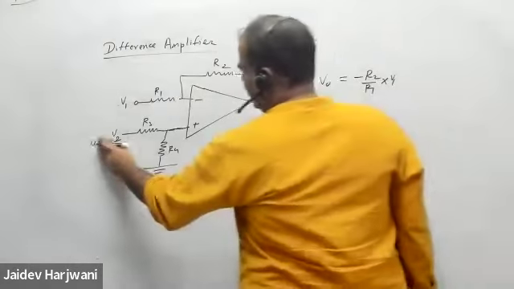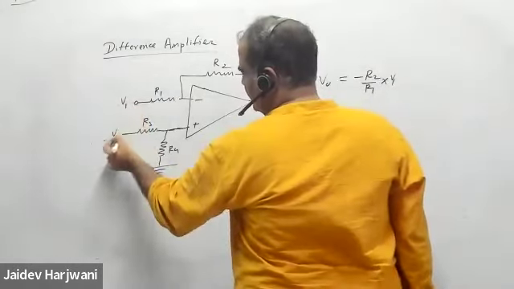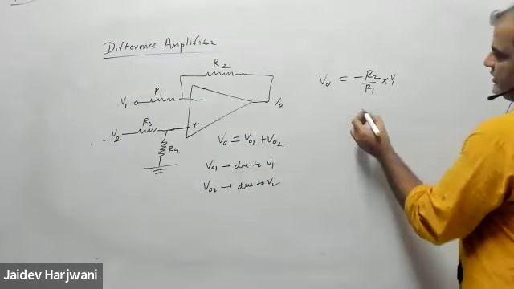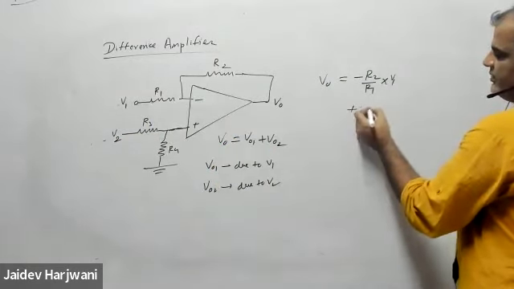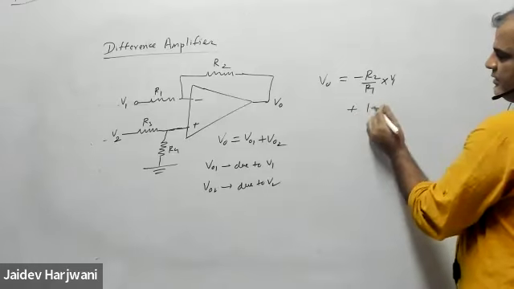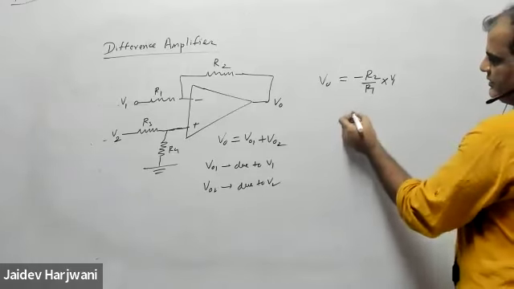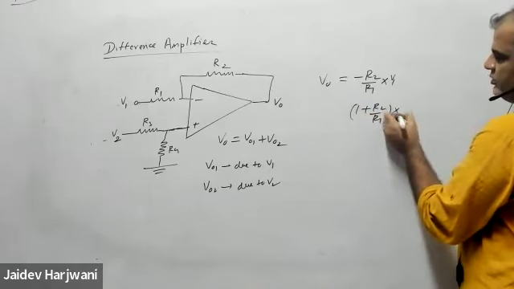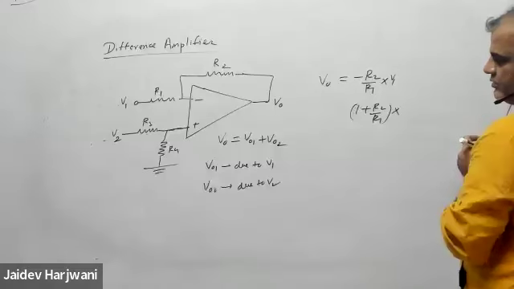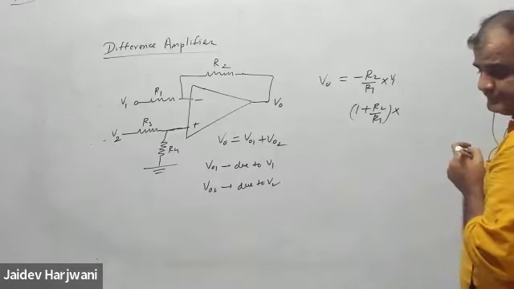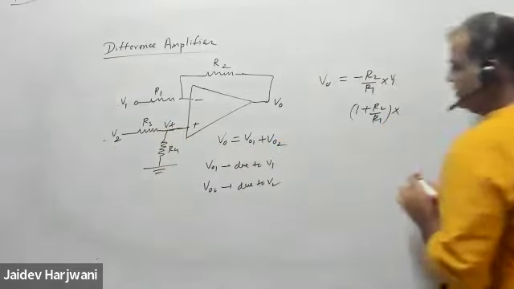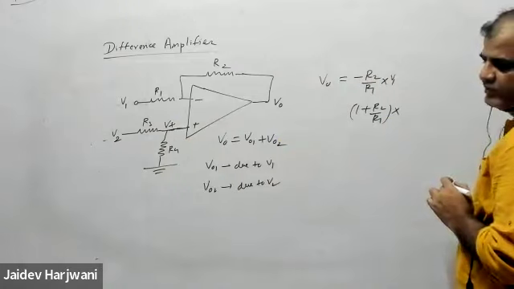And now second time, when I make this ground, only because of this one, tell me what's the formula? 1 plus R2 upon R1 into what? Voltage here. What's the voltage here? Oh, not V2, V positive.